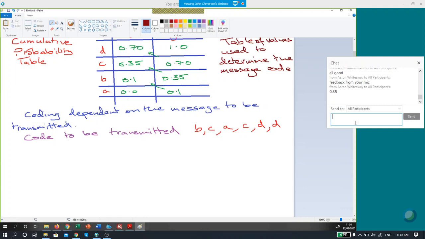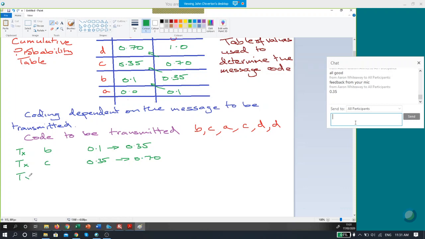So let's do a quick sketch of what's actually going to happen now. We're going to transmit the B. The B's got a range of 0.1 to 0.35. Then it transmits a C. The C's got a range of 0.35 to 0.70.